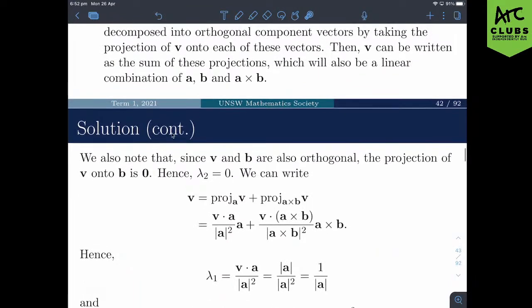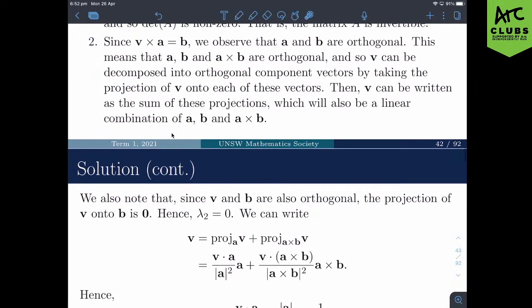But we're given the fact V cross product A equals B. This also tells us that V is orthogonal to B. So the component of V on B has to be 0.